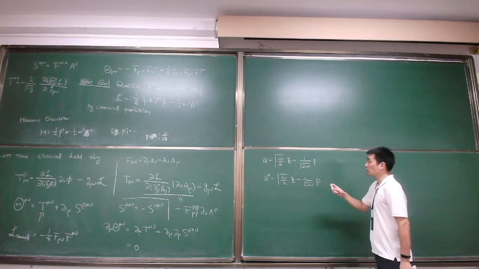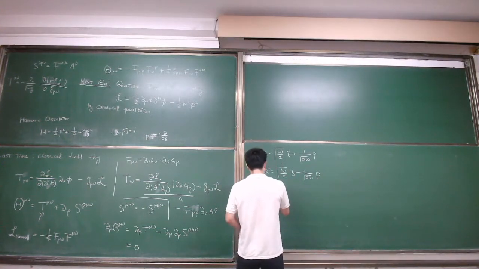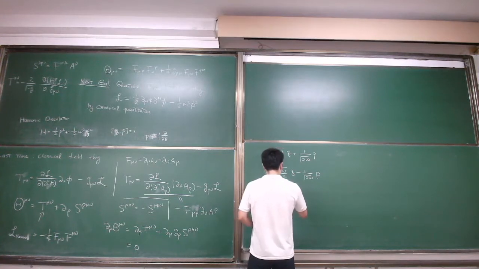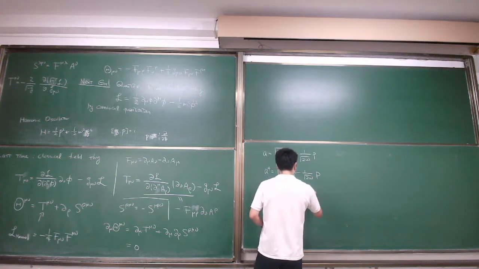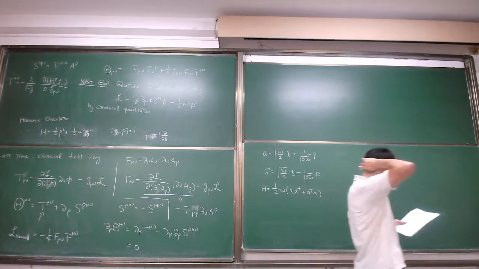So you introduce this, and the Hamiltonian can be written as 1/2 omega (A dagger A plus A A dagger). So that's our familiar stuff.